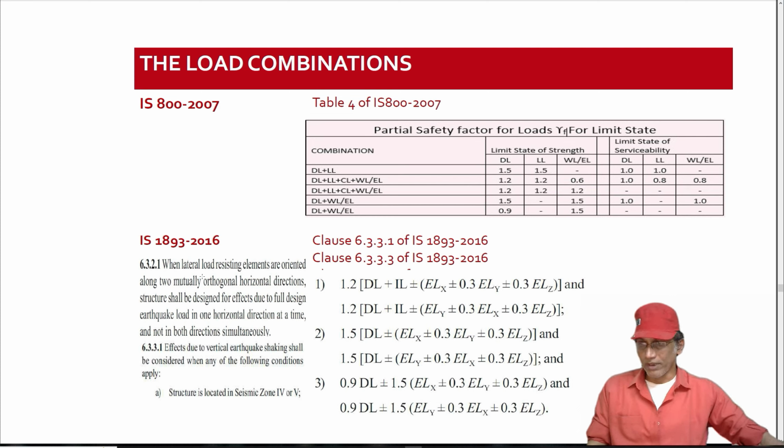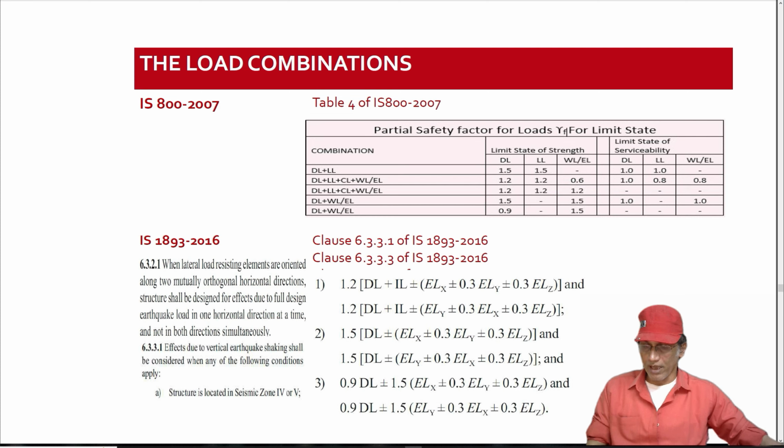Now 6.3.2.1 says that when the lateral load resisting elements are oriented along two mutually orthogonal horizontal directions, a structure shall be designed for the effects due to full design earthquake load in one horizontal direction at a time and not in both directions simultaneously.